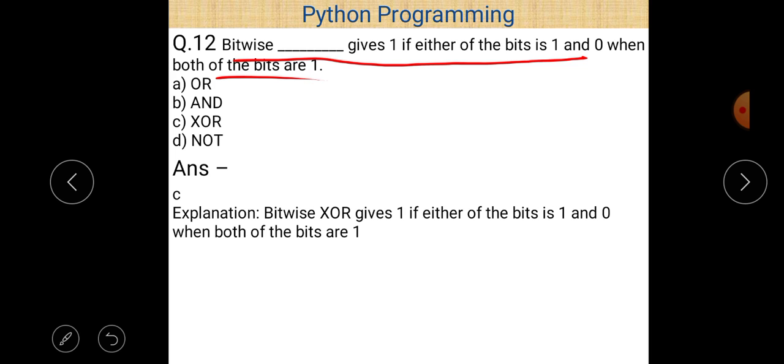So bitwise XOR operator gives 1. You can easily see the explanation. If either of the bits is 1, then the output is 1 in case of XOR, and 0 when both of the bits are 1. Okay, so this is the definition of the XOR, which I already discussed in this video.